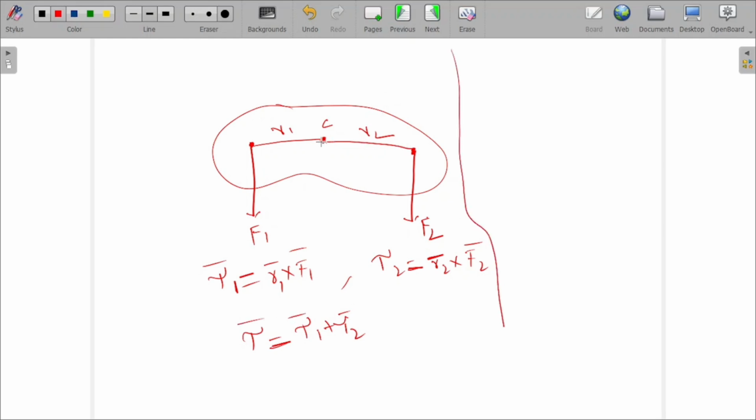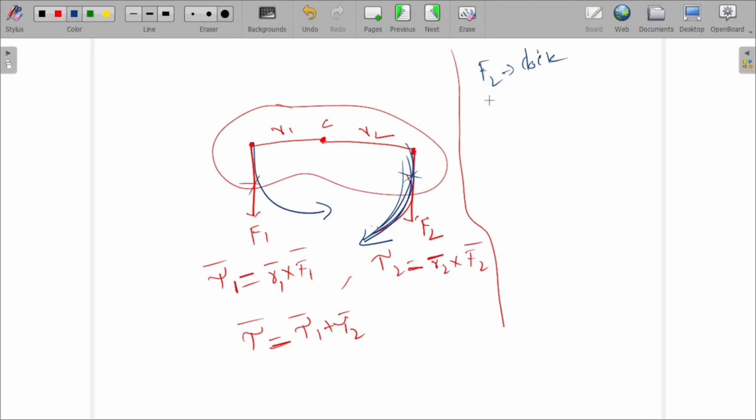Now here I will tell you one thing very clearly. Just listen. From this point, if there is no F1, it is going to rotate in this direction. If there is no this force, and only this force is there, then it is going to rotate in this direction. So what direction is it, clockwise or anti-clockwise? This direction is clockwise. So F2 is clockwise.